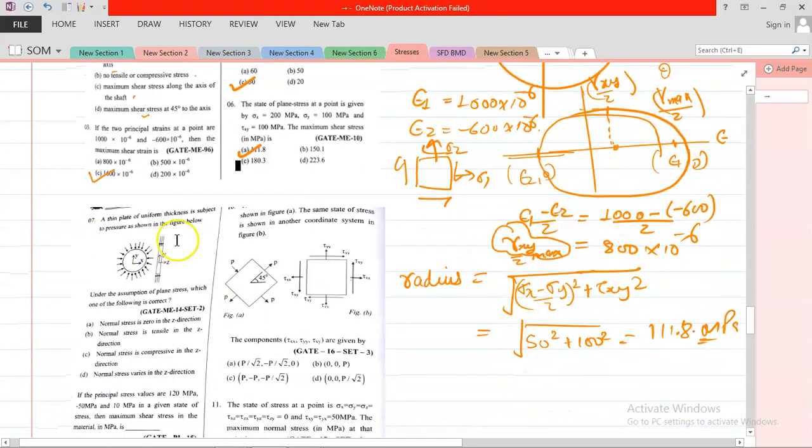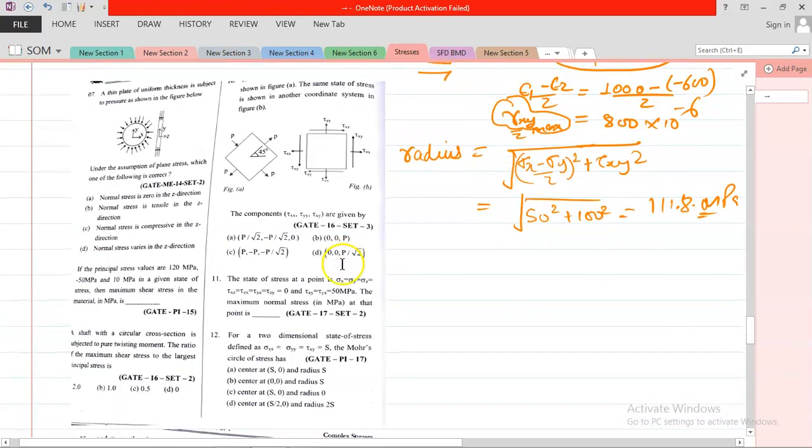Now your next question is, a thin plate of uniform thickness is subject to a pressure as shown in figure under the assumption of plane stress, which are the following stresses.